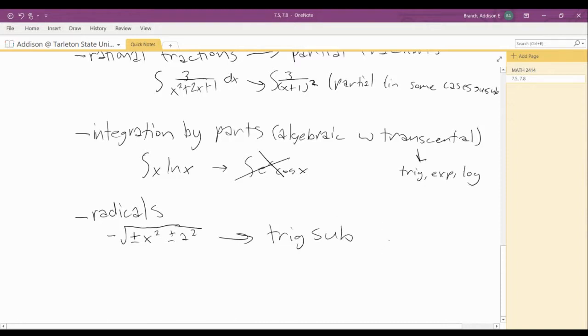So for example, if we have x cubed over square root of x squared plus 9, then you know x is 3 tangent of theta.